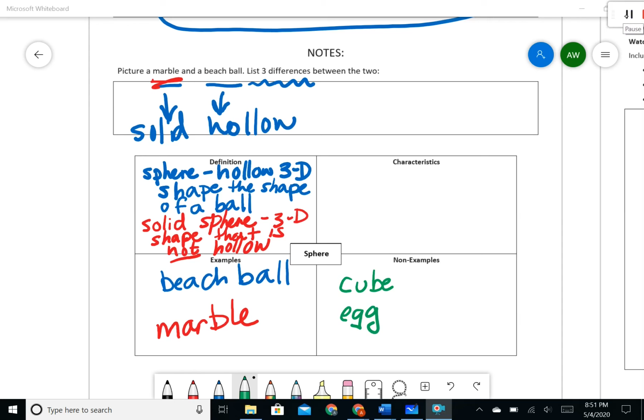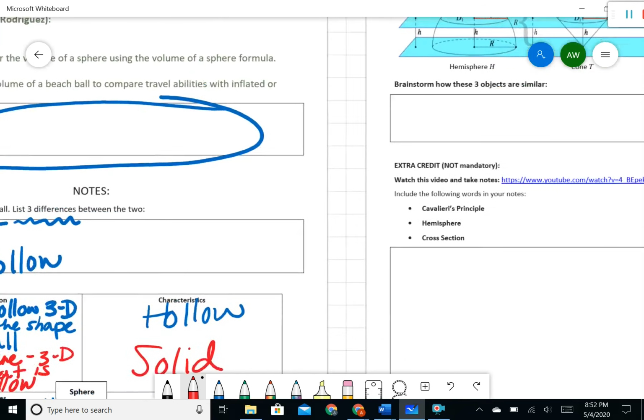So when we're talking about these characteristics, they're really looking for just the really basic characteristic of what we think of when we think of a sphere and a solid sphere. And really all that is hollow and solid. So now that we've talked about some definitions, let's move on to the next page.